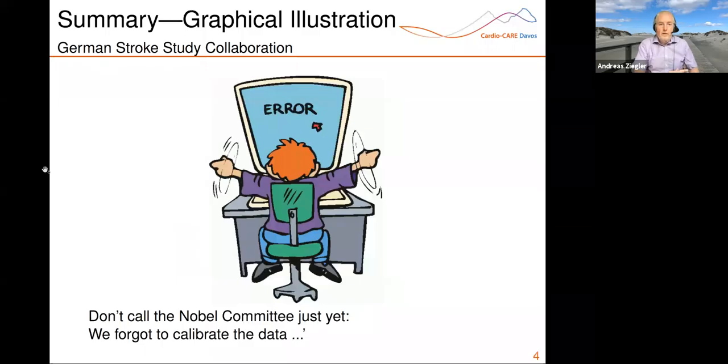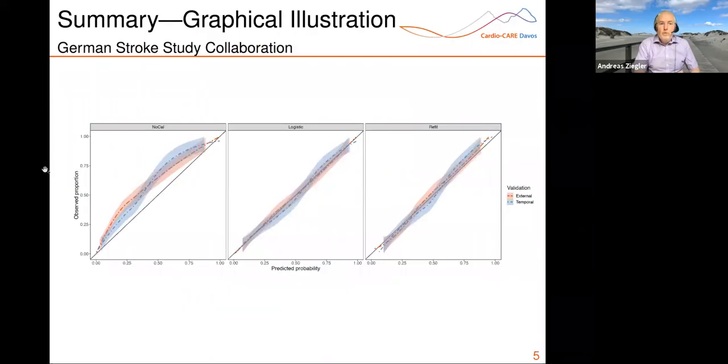So please think about the use of calibration when you analyze your data. If you do this kind of proper calibration, this figure shows the no calibration plot that you've seen before on the left.